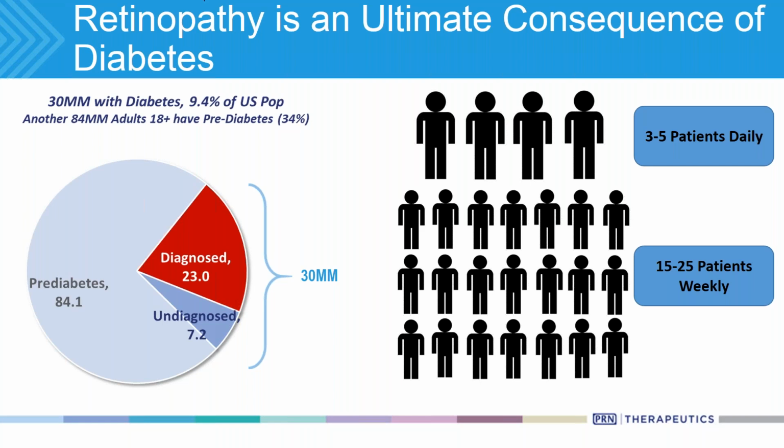But here's a spread of the type of exposure that you are getting to these people. 3 to 5 patients a day or more, 15 to 25 a week or more. So this is a huge group of patients, and the population is growing exponentially.